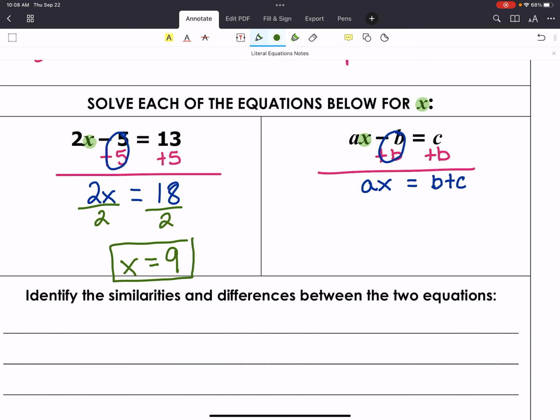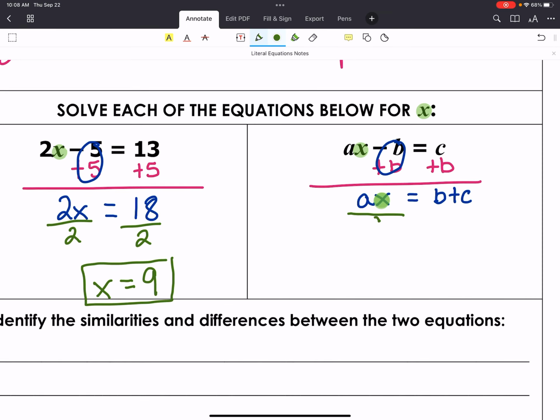Then we have a times x, and we know the inverse operation of multiplication is division. Okay, and remember, we're trying to get the x by itself, so we're going to divide by a on both sides. A divided by a, that just makes a 1, and 1 times x is just x. So we've got the x by itself.